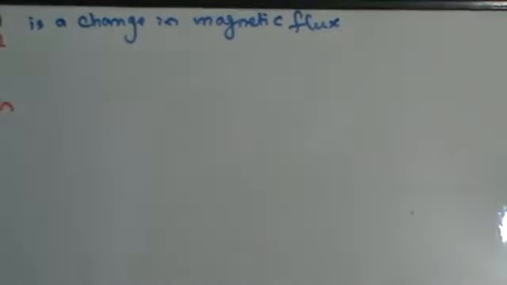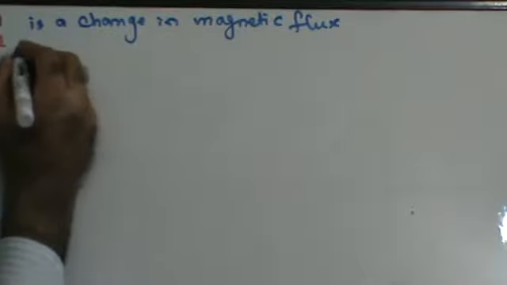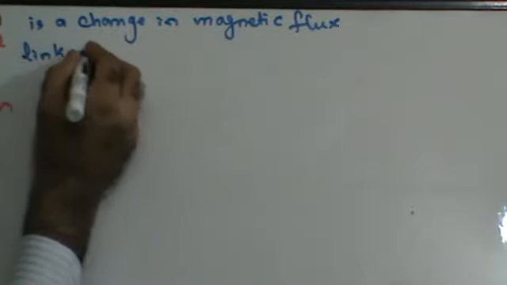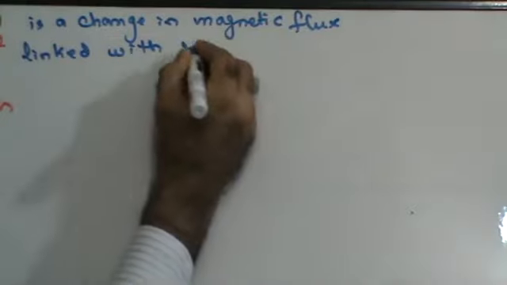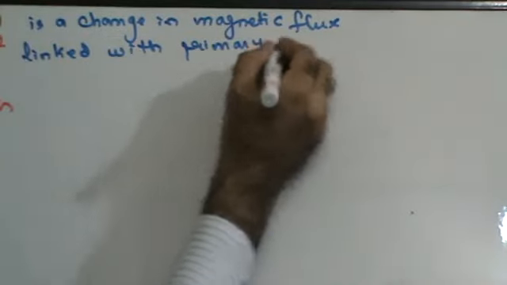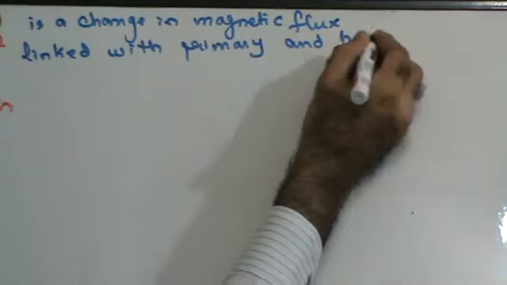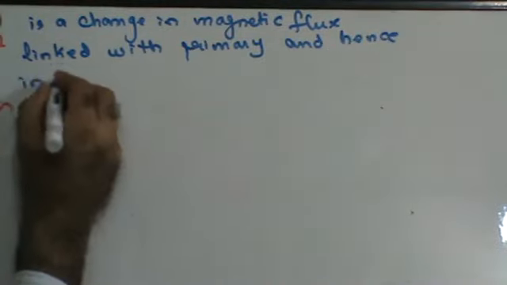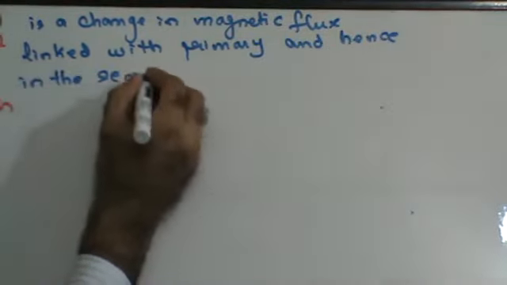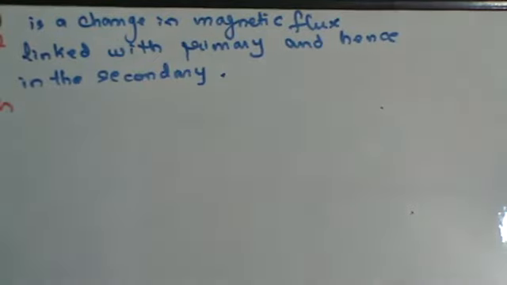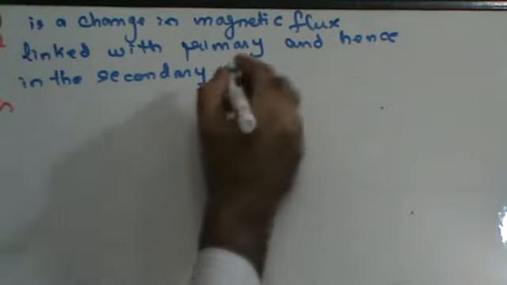As the current decreases, there will be a change in the magnetic flux linked with the primary and hence in the secondary. Right? So thus you have a change in the magnetic flux in the primary and secondary. As a result, an EMF is induced in the secondary and the galvanometer shows deflection.